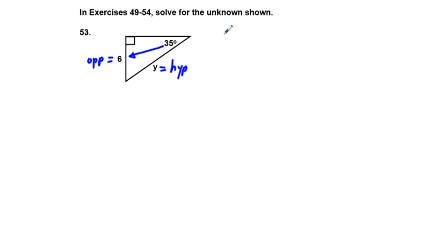Well, we know that sine 35 degrees is going to be equal to our opposite, which is 6, over our hypotenuse, which is y. But the reciprocal ratio of sine is cosecant. Cosecant of 35 degrees is going to be y over 6.